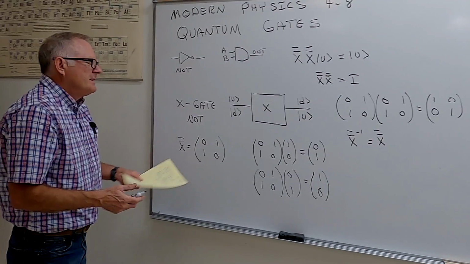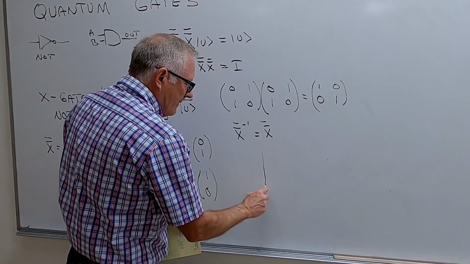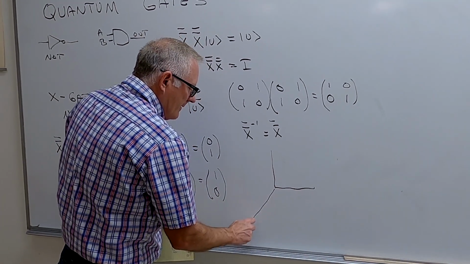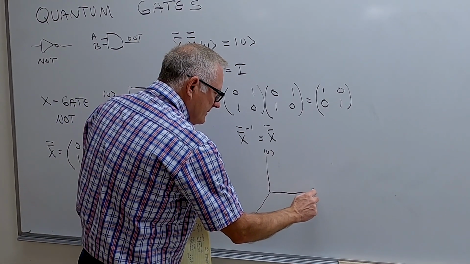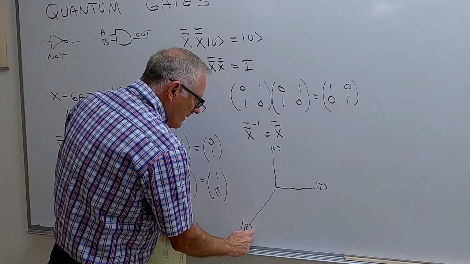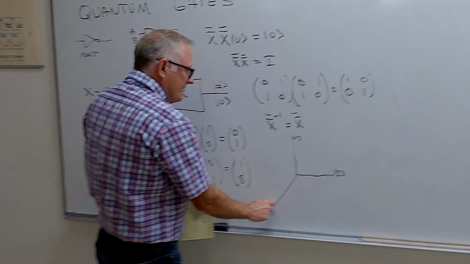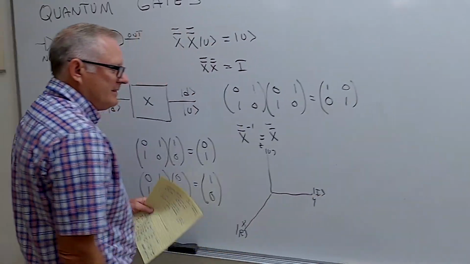And what is this actually doing? Remember we had a Bloch sphere, with up and down. This was really the x-axis, and this was really the z-axis, and this was really the y-axis.